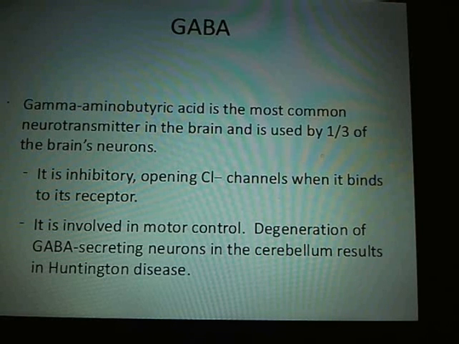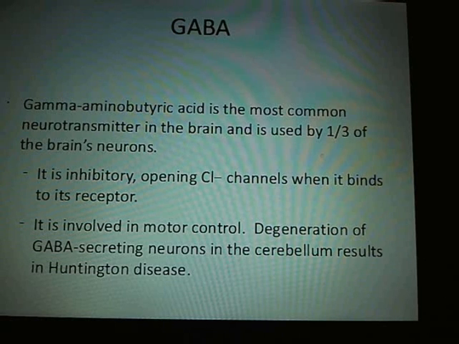Another substance we look at is gamma-aminobutyric acid. It's the most common neurotransmitter in the brain. It's inhibitory, opening chloride channels, binding to its receptor. It's involved in motor control. Degeneration of GABA-secreting neurons in the cerebellum causes something like Huntington's disease, or Huntington's chorea, or Huntington's dance.